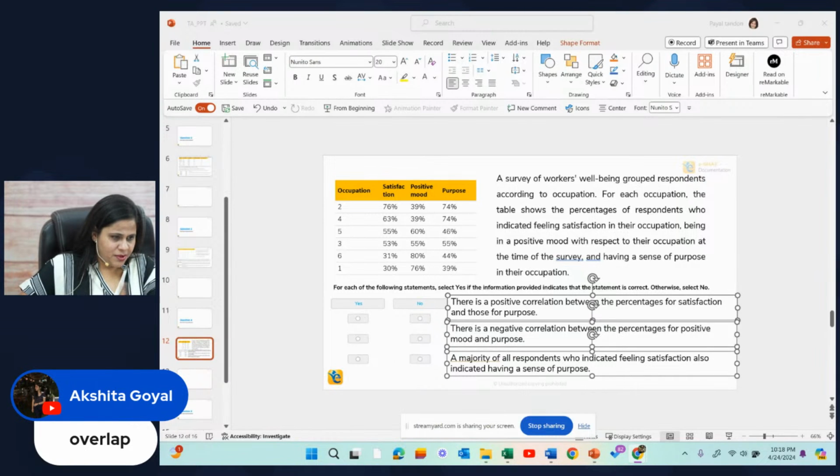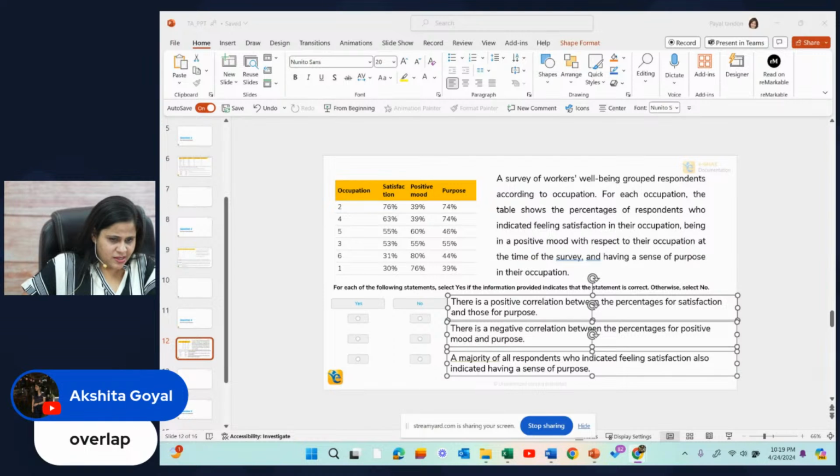Again, for the previous question, if you want to see more details about how you should be thinking about this entire visualization, let me just share a detailed video solution link with you so that you can see those cases, and why there is an overlap and why you can't answer this question.